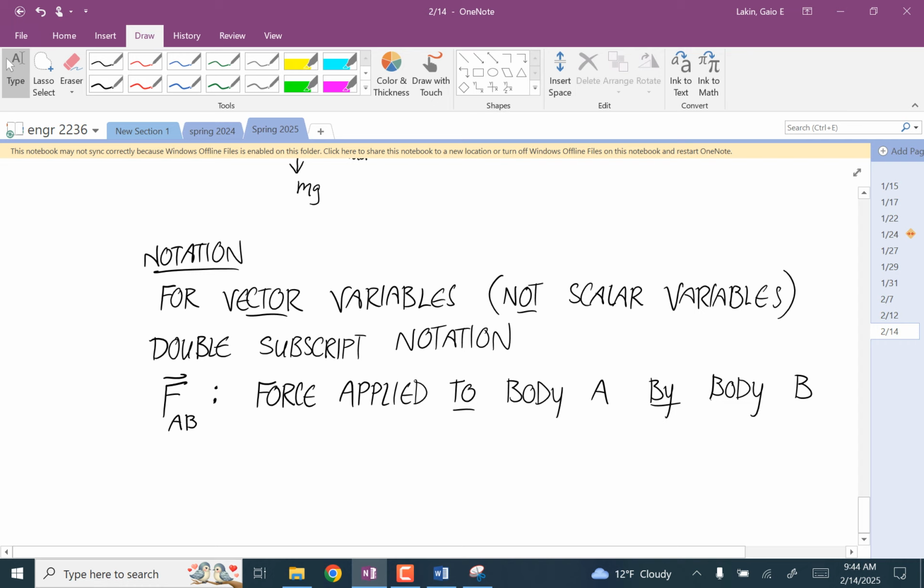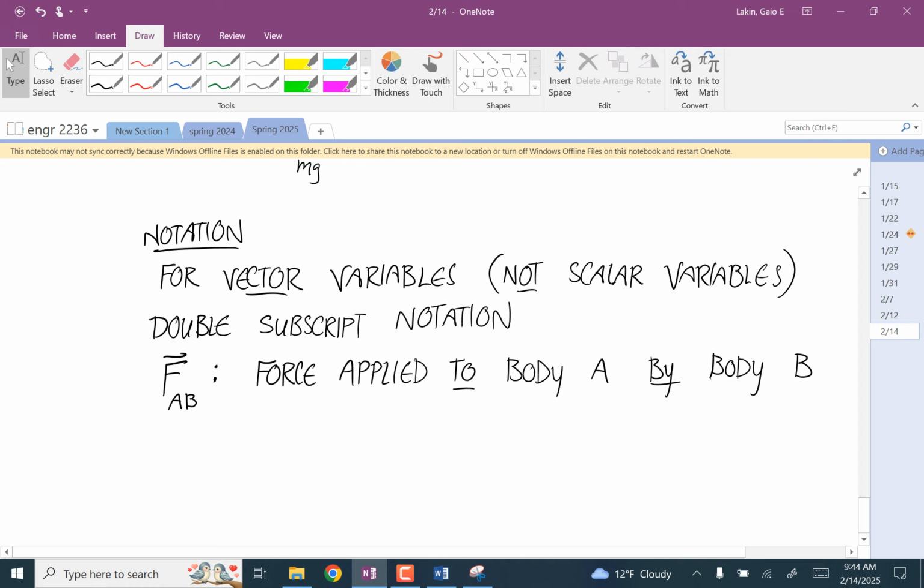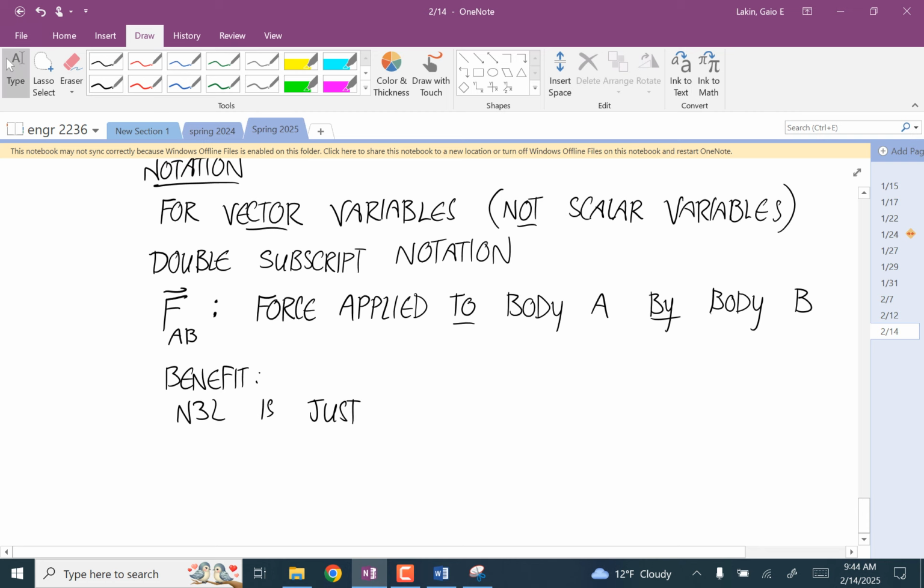The benefit, and this benefit is going to come up over and over again, is that Newton's third law, the equal and opposite reactions one, just says the force on A by B is the negative of the force on B by A. So if you switch those subscripts, you take the negative.